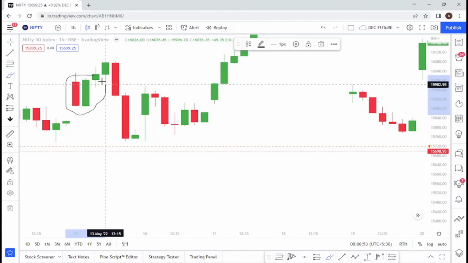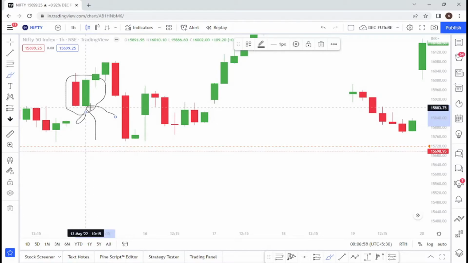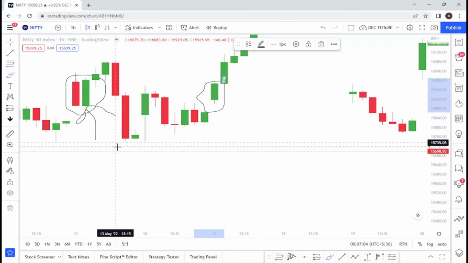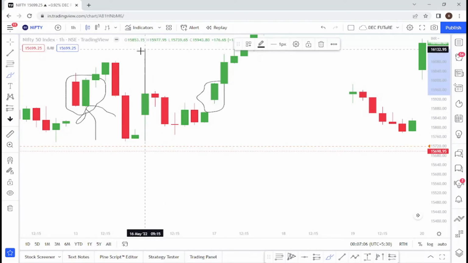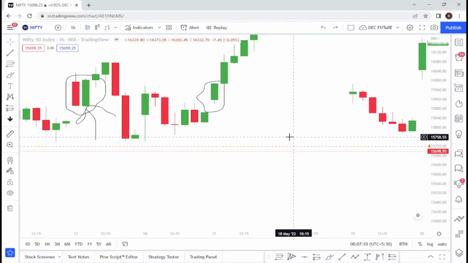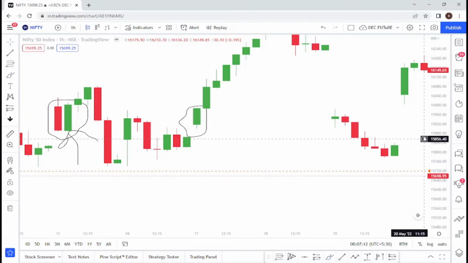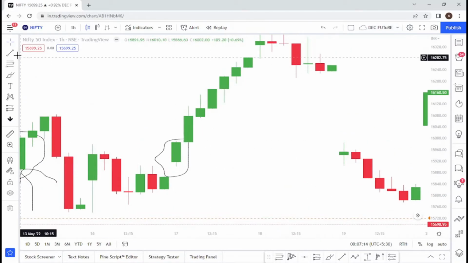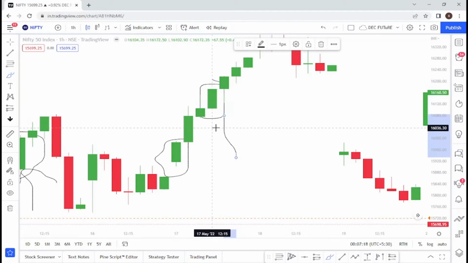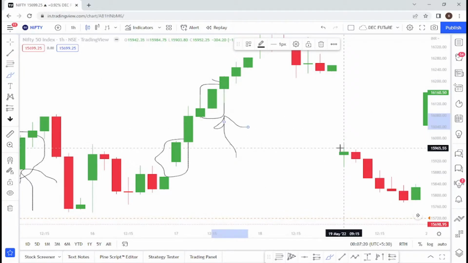I'm talking about this one where the price opens at the low and closes at the day high. So here also, if there is a good green range but a very big wick, we usually don't consider it a Marabozu. We just call it a range candle, and we don't call it a green Marabozu or bullish candle. Here also we have one example. This particular one is also called a green Marabozu candle.